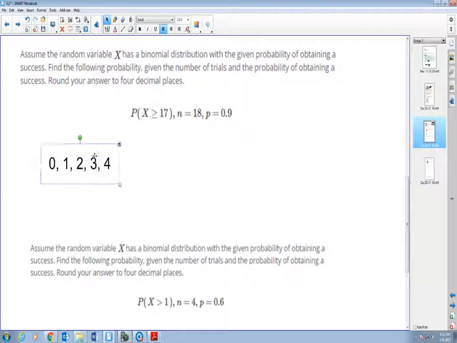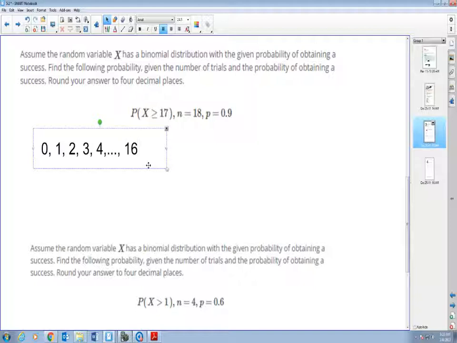Alright, so this one is basically saying I got 18 independent trials, so that will be 0, 1, 2, 3, 4, all the way up to 16, 17, 18.